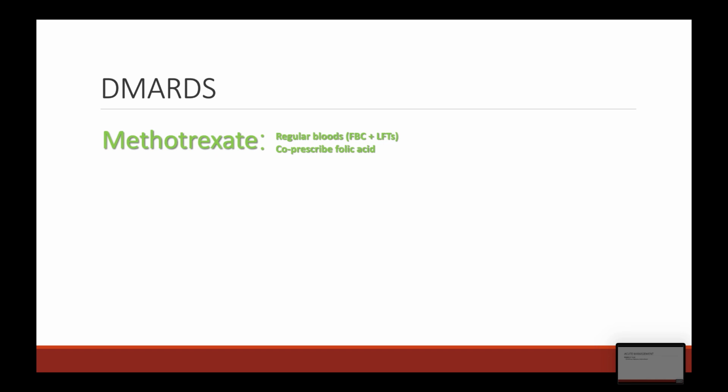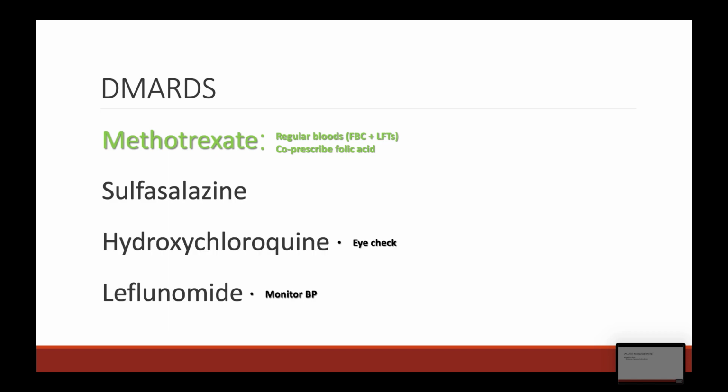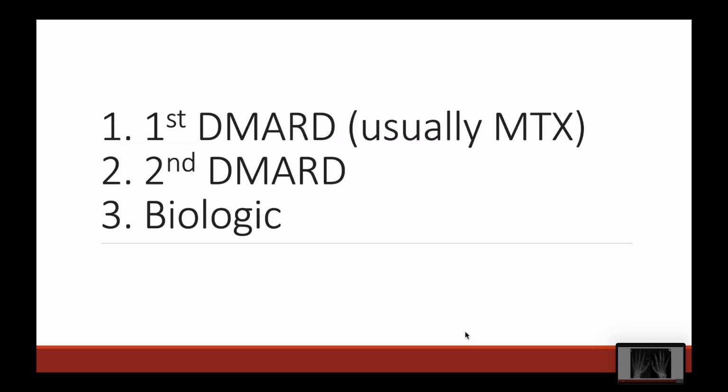Therefore, you need regular blood monitoring for those. And sulfasalazine, again, similar. And hydroxychloroquine is known to affect the eyes in terms of side effects. And leflunomide, you need to monitor the blood pressure.